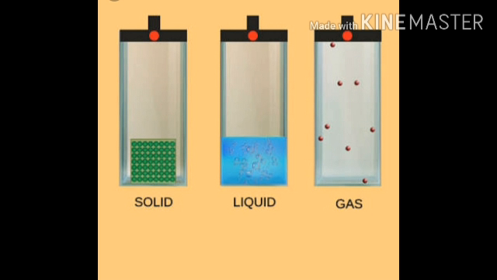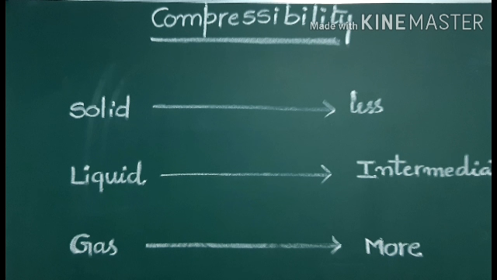Why? Because gaseous particles have more space compared to solid particles. Solid particles have less space. So gases are more compressible, whereas solids are less compressible, due to gases having more space between particles and solids having less space between particles.